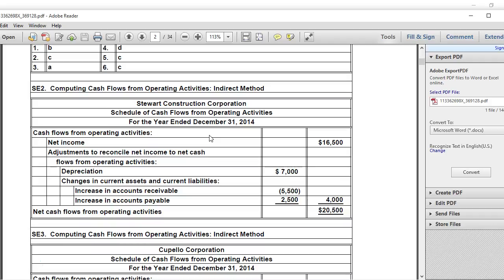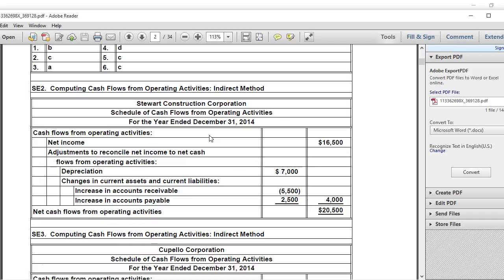So we need to reduce our net income by the increase in our accounts receivable. Because if accounts receivable have increased, then that shows we have sales related to accounts receivable. We've sold items, but we haven't received the cash yet. Since that accounts receivable increases, we ultimately need to reduce our net income to adjust for those sales that we recorded but we don't have in cash.